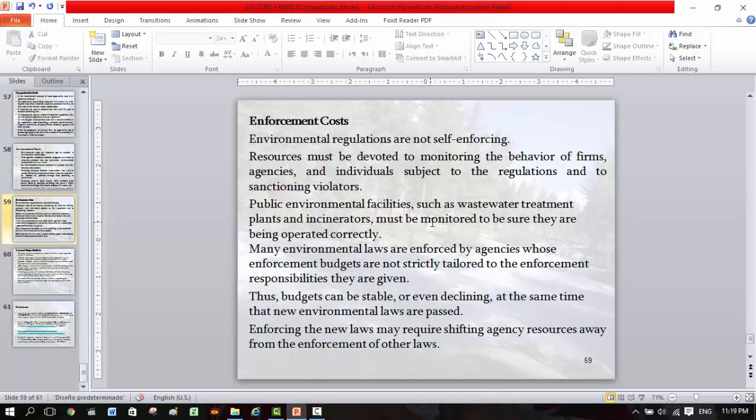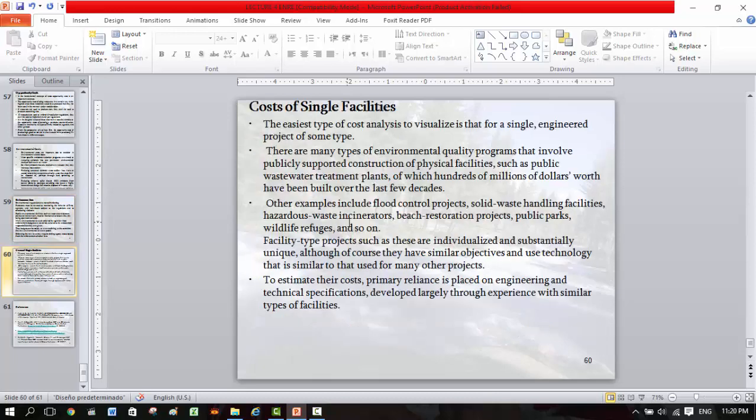Enforcing the new laws may require shifting agency resources away from enforcement of the other laws. In short, enforcement costs are those costs which are required for the enforcement of certain new laws or regulations introduced.